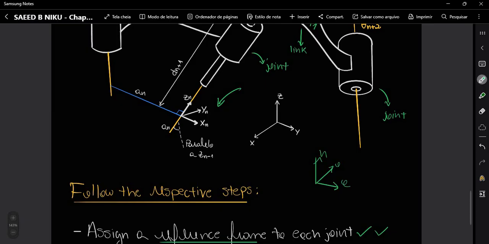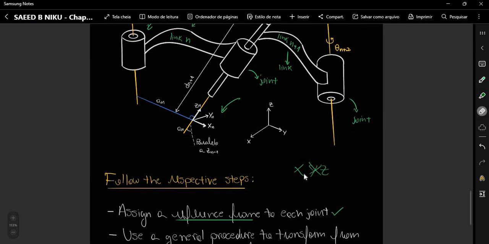So we are using these designations, but right here we will use X and Z designation. Sorry, X, Y, and Z, but Y actually we do not need to use. And let me just write this because it's important.